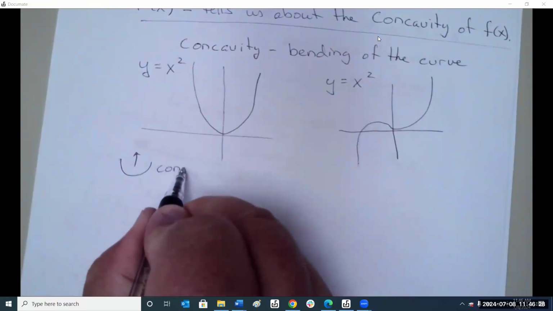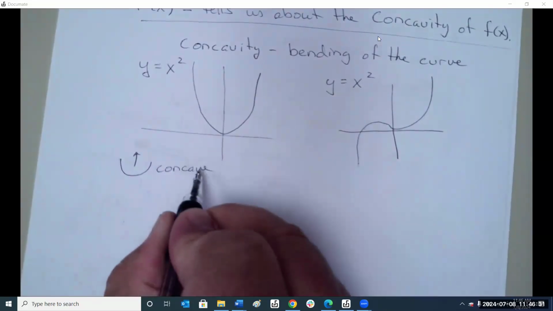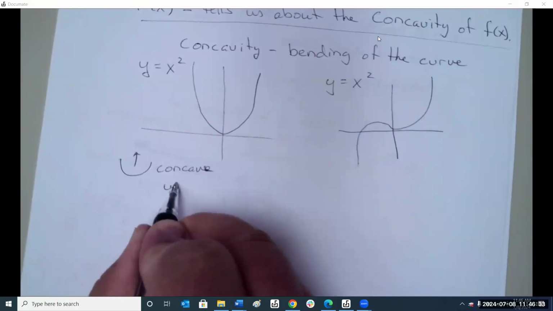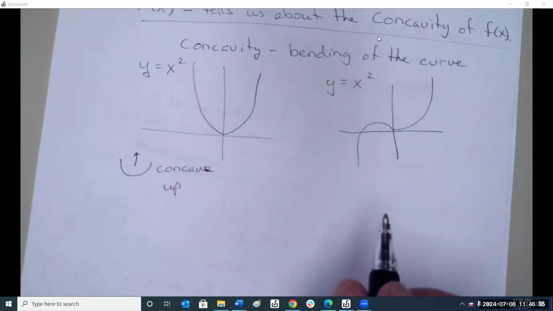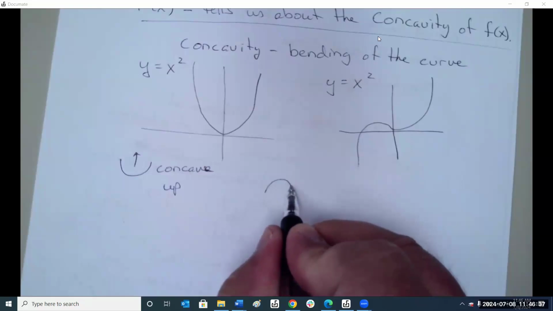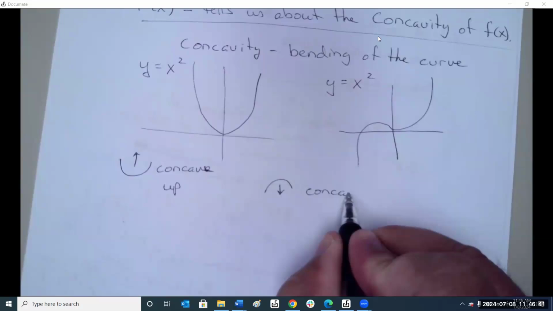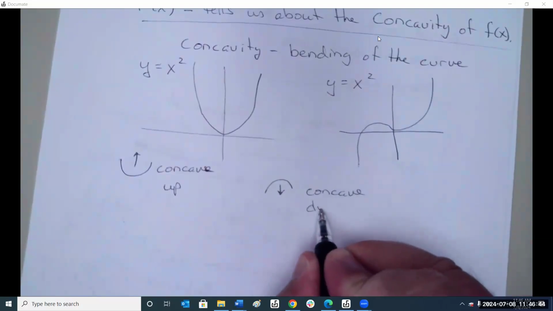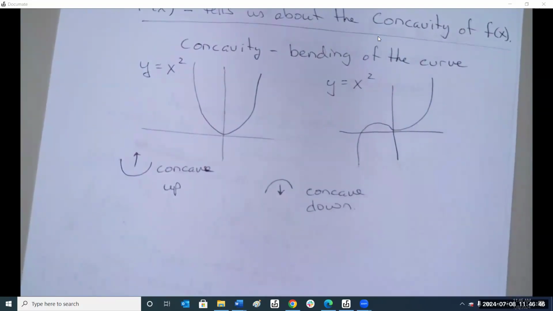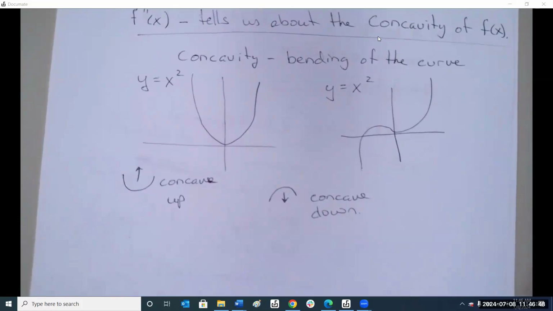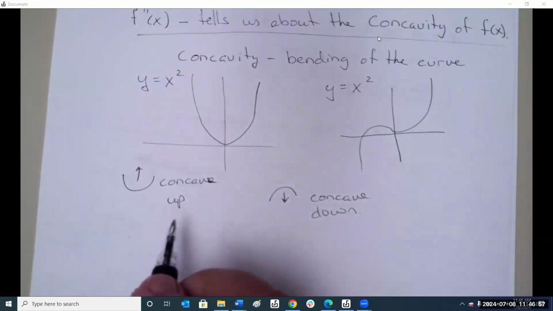This is concave up, because it opens up. And that's concave down. Concavity deals with the second derivative.